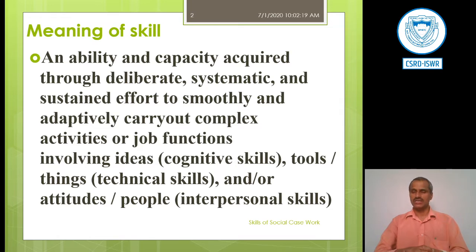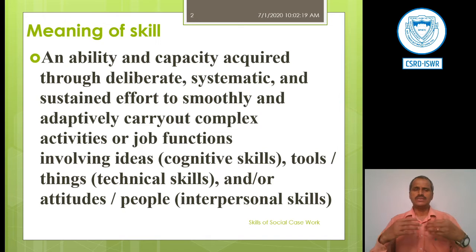They are the cognitive skills, tools, that is technical skills, and attitudes, that is interpersonal skills. The cognitive skills deal with ideas, technical skills deal with things, and interpersonal deal with people.